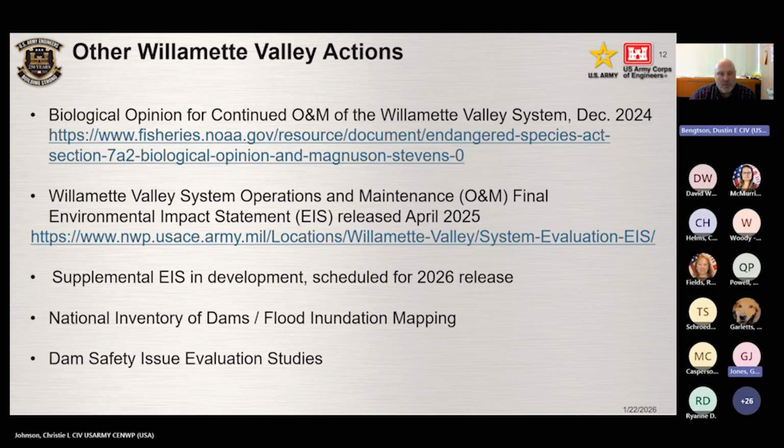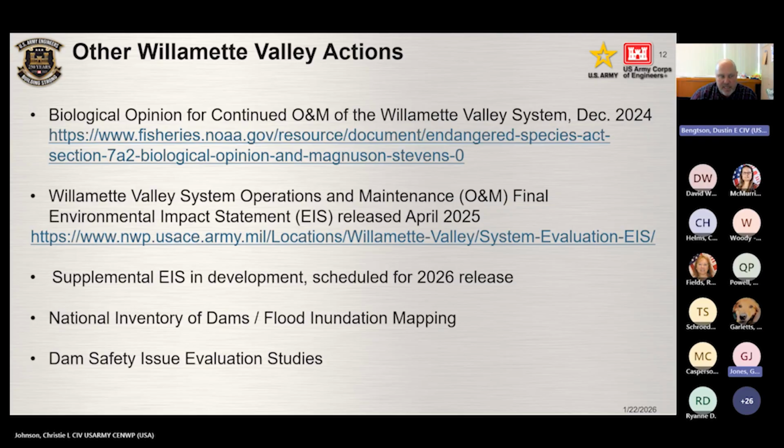But we also manage a number of terrestrial species that are listed. And so in trying to manage those responsibilities for the continued operation of the system for the benefits that I mentioned on the previous slide, we're working through that process not only of defining how we operate, but how we complete specific actions to avoid jeopardy to those species.